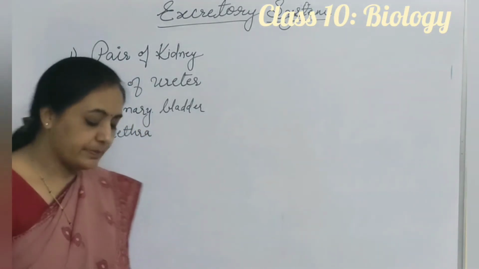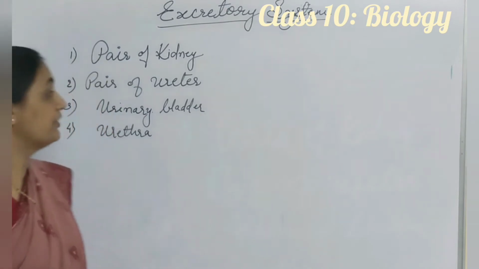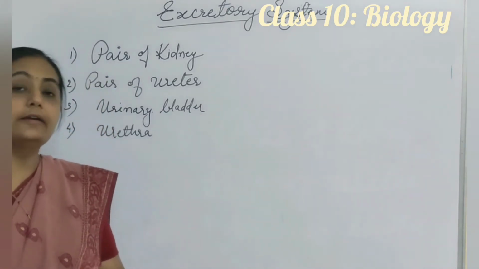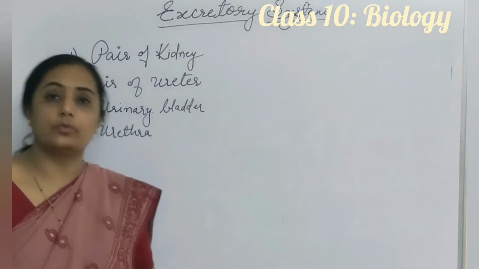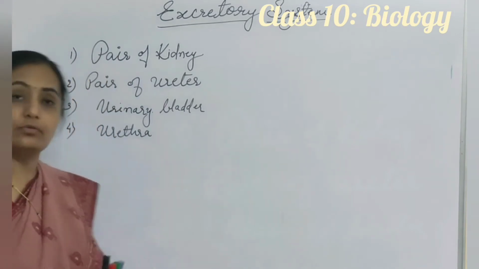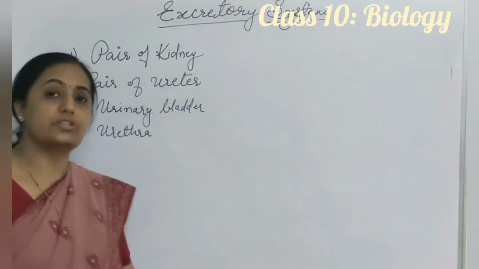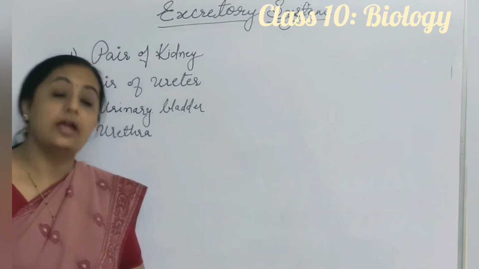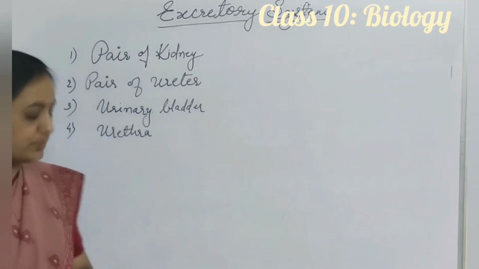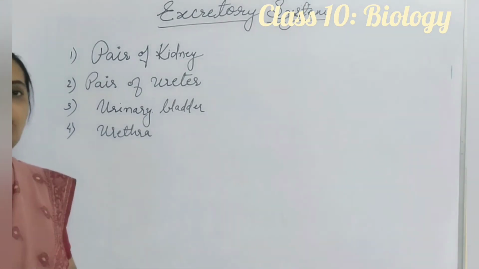All these things are present in the excretory system, which helps to purify blood and remove toxic material in the form of urine. So here we have to discuss all the parts, how they perform their function for the purpose of excretion and how urine formation takes place. One by one we will discuss all the parts.